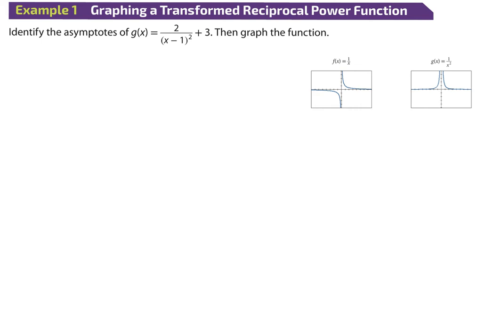Well, if you look at the grouping here, the grouping is squared. So he should look like the one that is squared, this guy, okay? Now, like anything else, inside the parentheses is going to move it left and right. Outside of the parentheses is going to move it up and down. A negative would flip it, just like a negative flipped my absolute value v, okay?